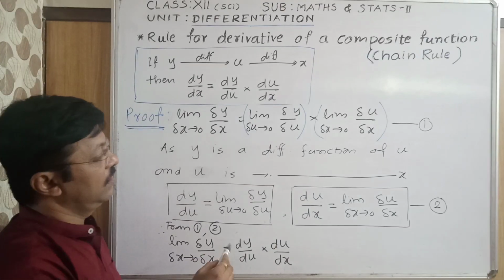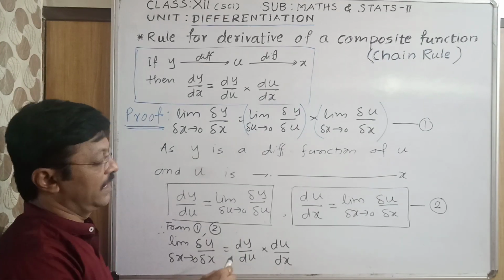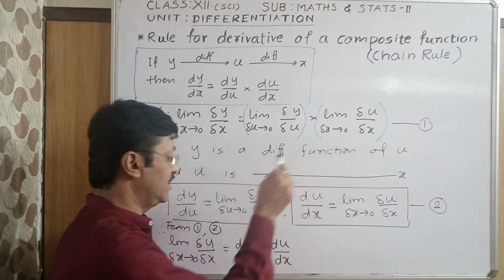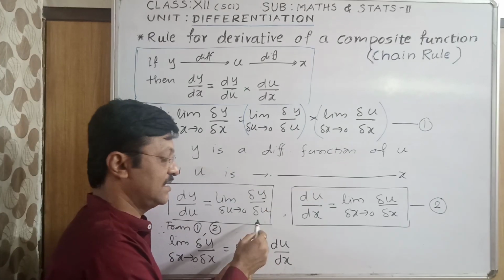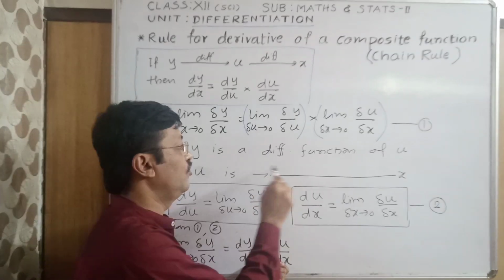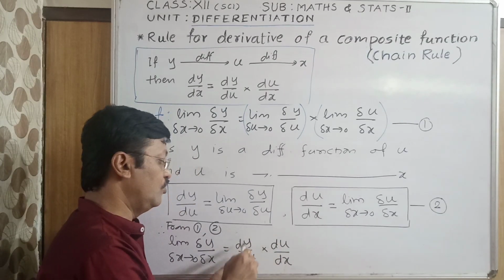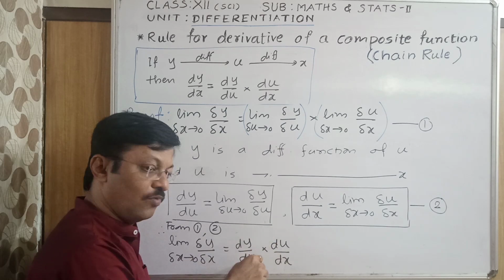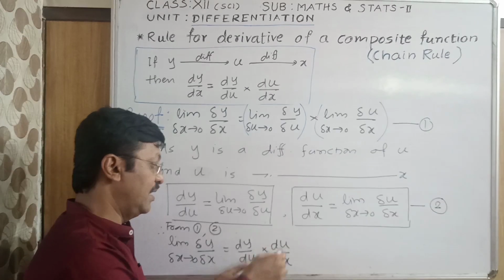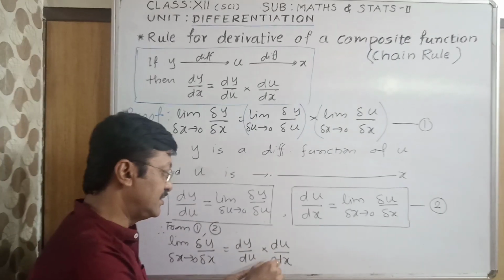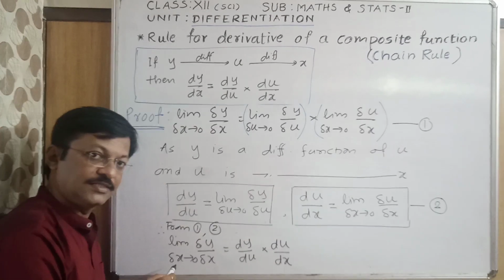Now looking at the statement, we have said that y is a differentiable function of u, that means dy by du exists. Similarly, u is a differentiable function of x, so du by dx exists. And if two things exist, their product will also exist. Therefore, this whole right side will exist. If the whole right side exists, that means the whole left side exists.